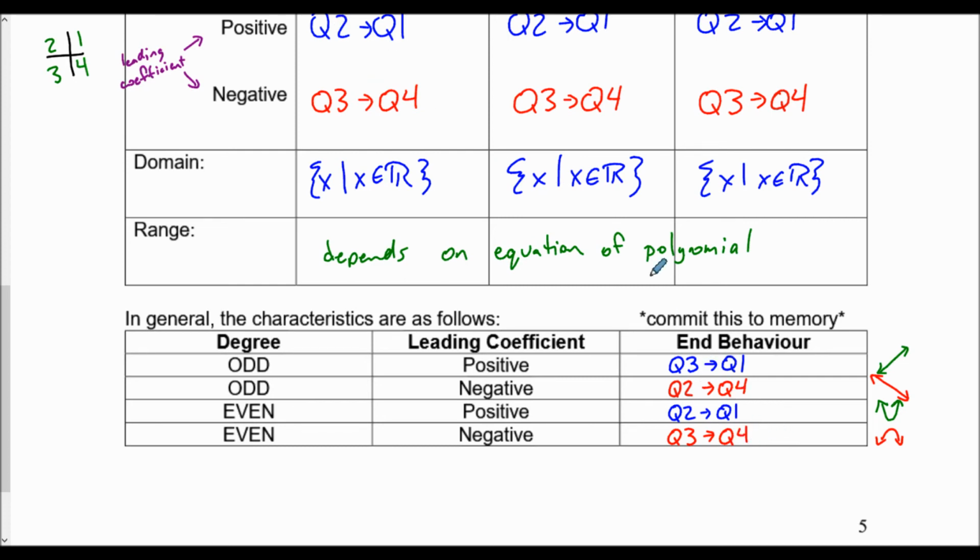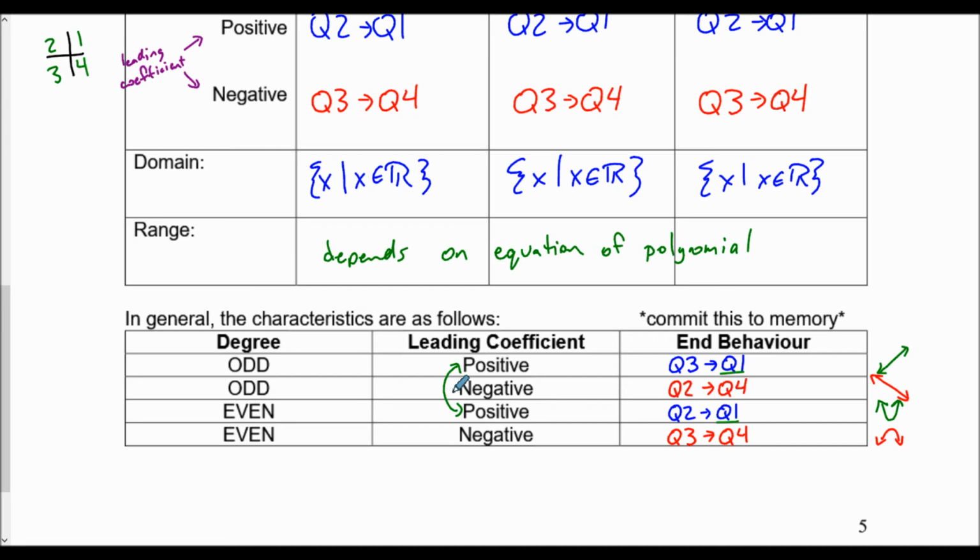You may have also noticed some other characteristics. For example, positive leading coefficients always end in quadrant 1. They always end up. So that's one way to know if you have a positive polynomial. If its end behavior ends up on the right, you have a positive coefficient.